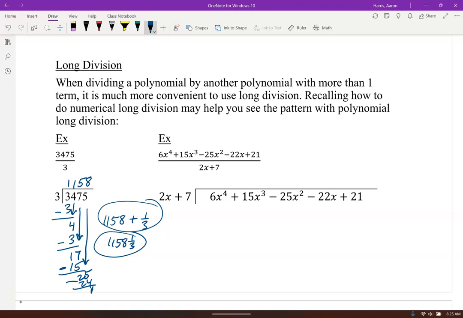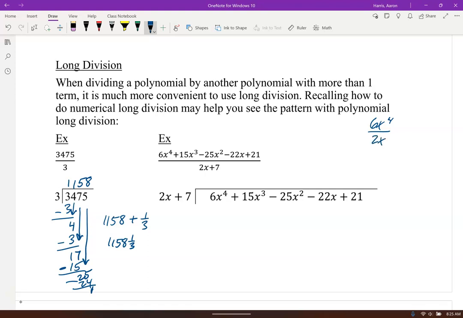Okay, we're going to do that same thing. So what we do first is I look at my 2x and I say, well, 2x goes into 6x to the 4th how many times? In other words, I gotta match that. What number will match that? And if you want, you can also go to the side just to figure out the number.